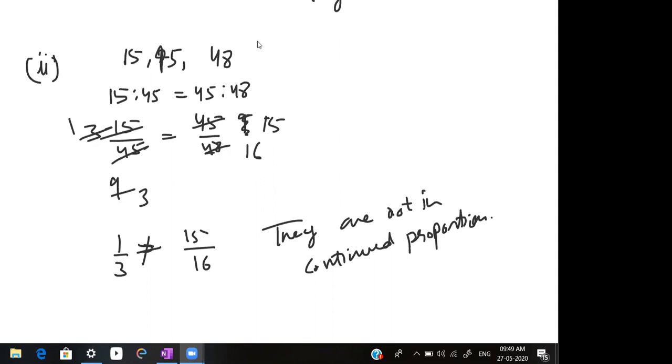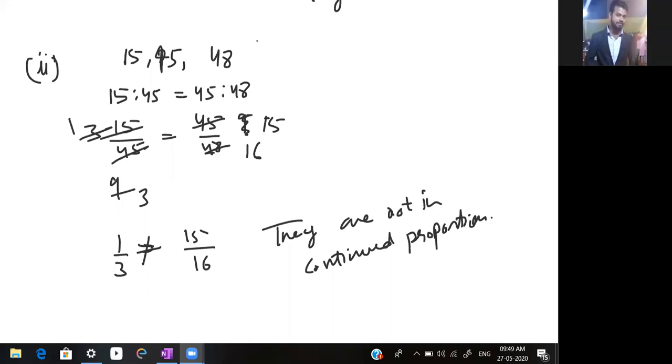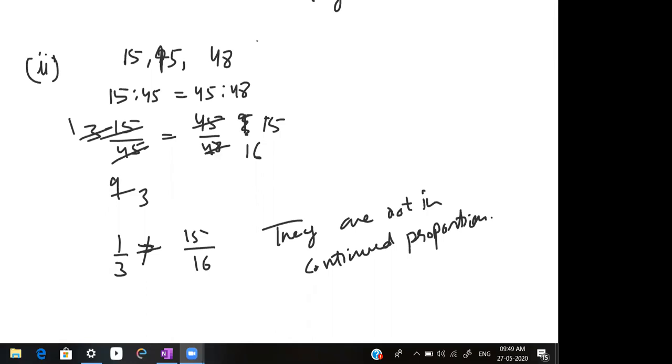This is the one and only chance for you to understand these chapters. If you are thinking you can study when the school opens, that is a very bad thing and not good for you. You need to put in your 100% effort during the lockdown. Is it clear? I hope it's clear to you.